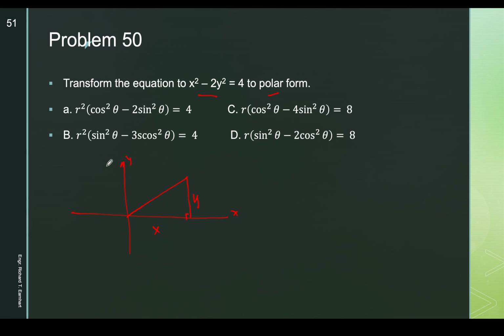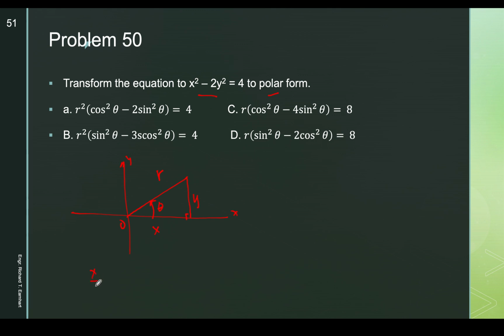And then this is the radius, the hypotenuse, the coordinate of the polar, and then the angle theta, always measured from the positive x-axis counterclockwise.